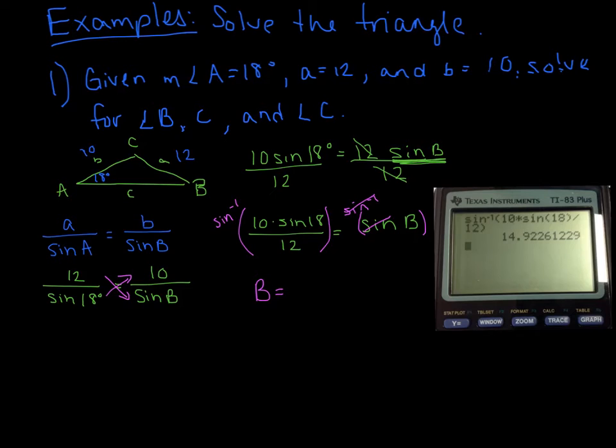So I typed in sine inverse of 10 times the sine of 18, making sure I close my parentheses after the 18 because I'm only taking the sine of the 18 degrees, divided by 12. And I got 14.9, and we'll round to the nearest tenth. I'm solving for an angle because it's a capital letter, so B is 14.9 degrees.